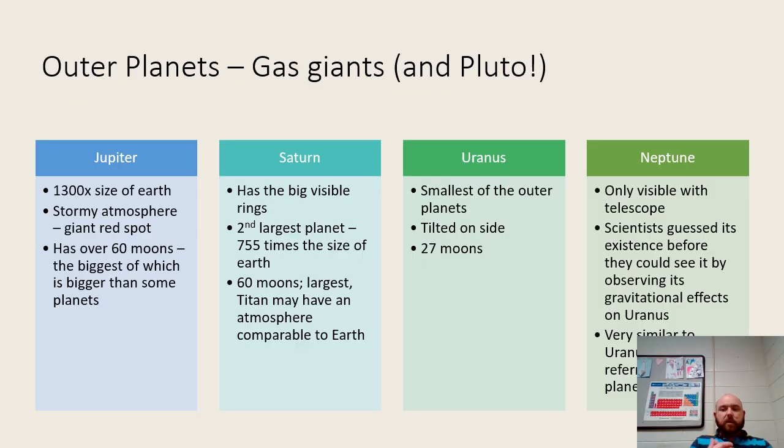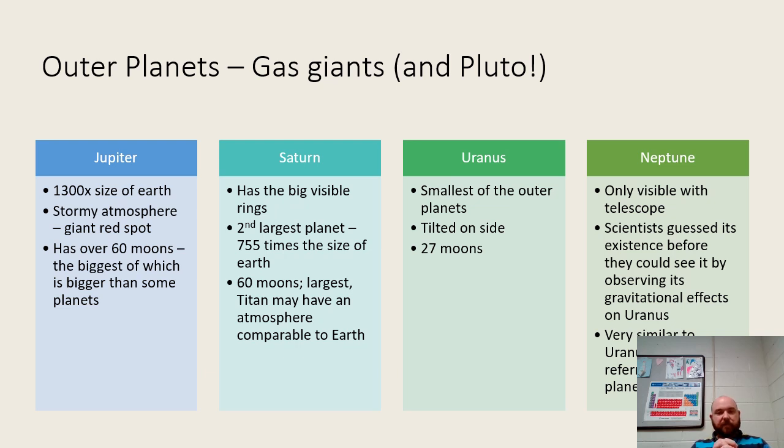And here we go. Here are some facts and figures about our outer planets, the gas giants. And I put Pluto in there just for good measure. But really, I listed the 4 gas giants and gave you some information about them. I think other than the size and their being made of gas, one of the biggest differences is the amount of moons that these planets have.